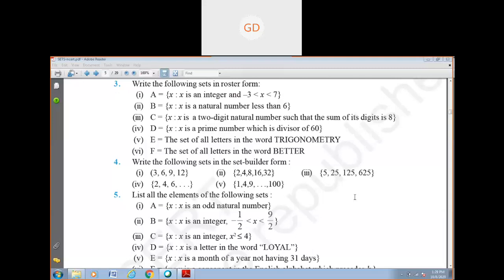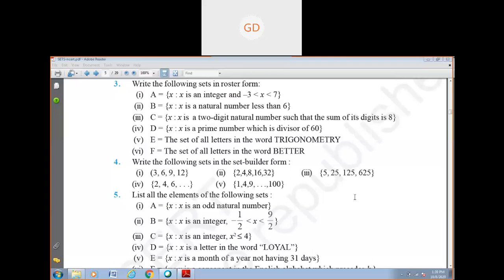That means it's just a collection of all odd natural numbers. So if we would like to list the elements within second bracket, you can write the odd natural numbers using commas.